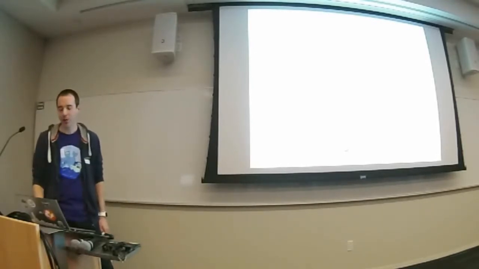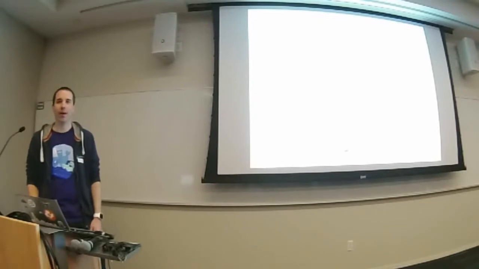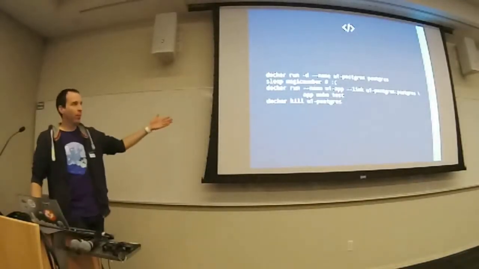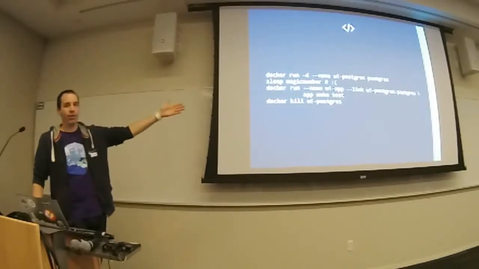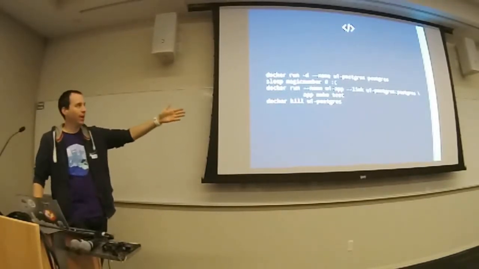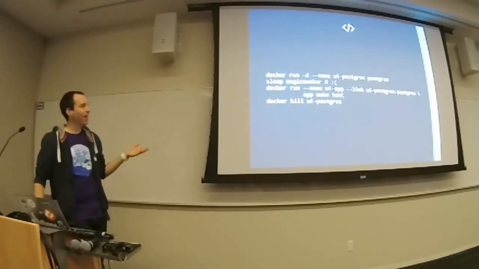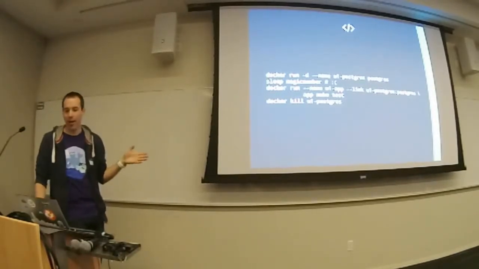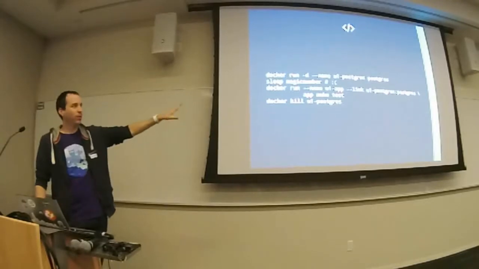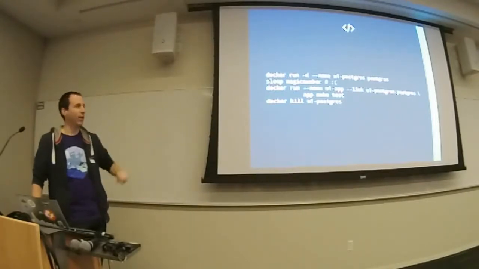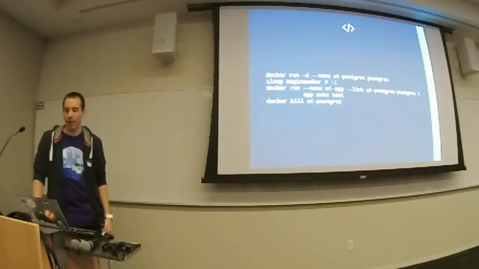So what happened was, when we were building this, we ended up having to manually run and link it. That means we would run a Postgres, we'd name it unit test group 1's Postgres, and then we'd have to sleep for a magic number to wait for Postgres to come up. And then we would run and name our unit test group, link it to that unit 1 Postgres, make test, finish that up, check its exit code, and tear down U1 Postgres.